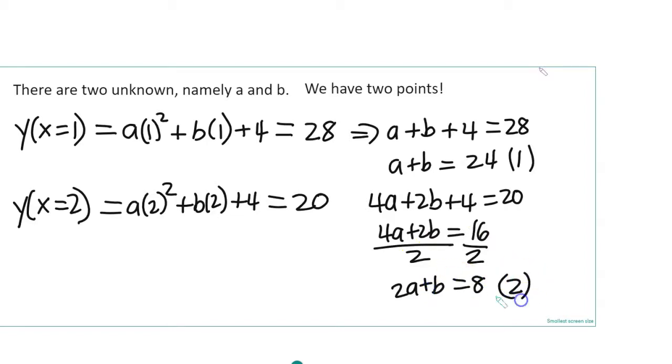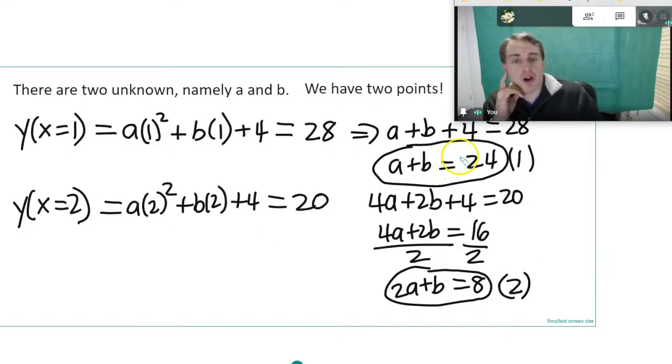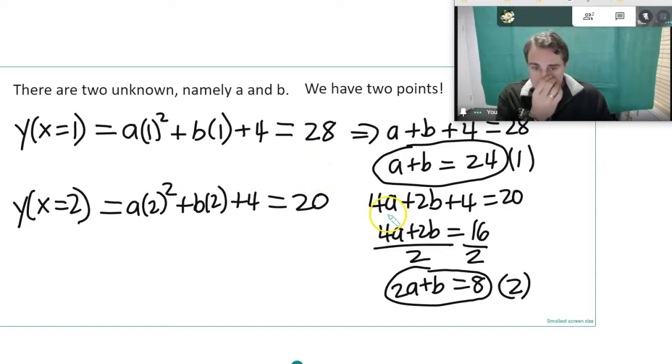Now have a look at this. We have this equation, and we have this equation. We have two equations and two unknowns. I know you and I have talked about this in a previous session. We can solve this, and that's good, because then we can get the values of a and b, and then we can get our parabola. We can solve this maybe by elimination, so you could subtract one equation from the next.